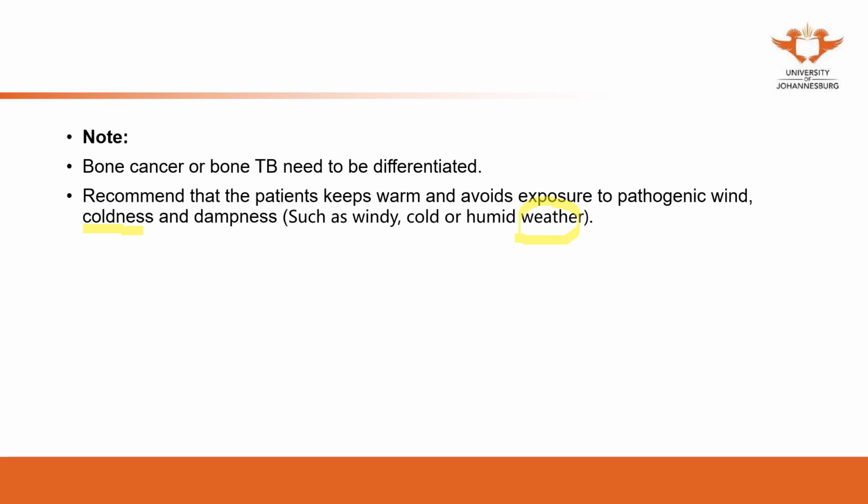Also, when we see a patient with different kinds of pain, it is very important to differentiate from bone cancer or bone TB, as the patient may also present with pain. We can use acupuncture in this situation to relieve the pain, but in the meantime, you need to advise the patient to have further diagnosis or further treatment with conventional medicine.